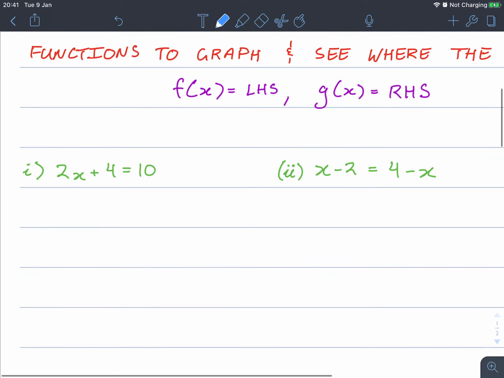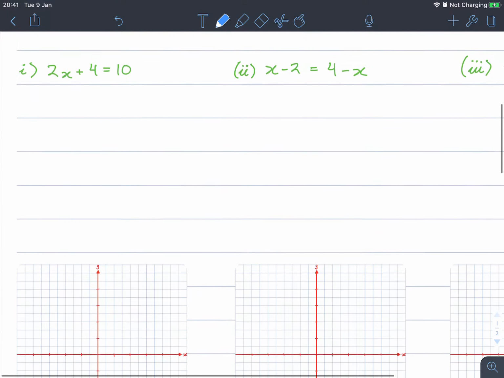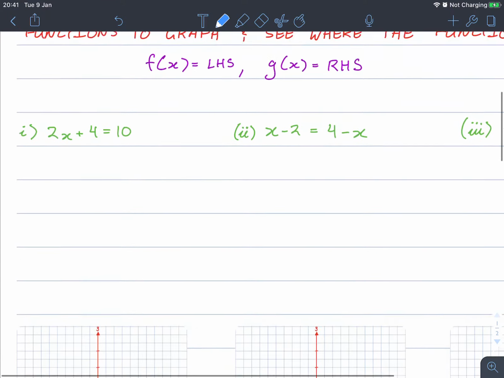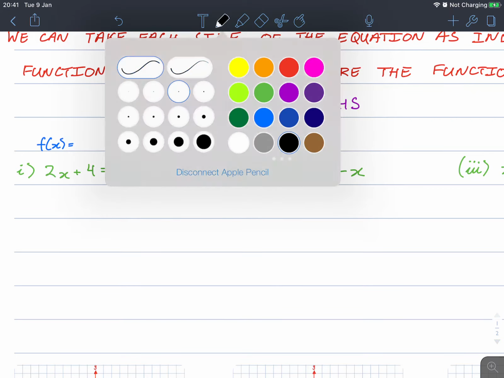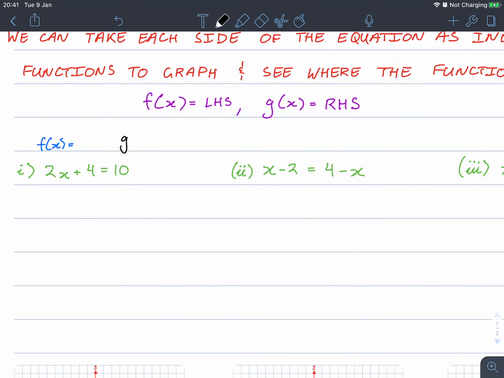So let's do this. If we let the left hand side be f of x equals 2x plus 4, and we let the right hand side g of x equal 10, let's graph these.